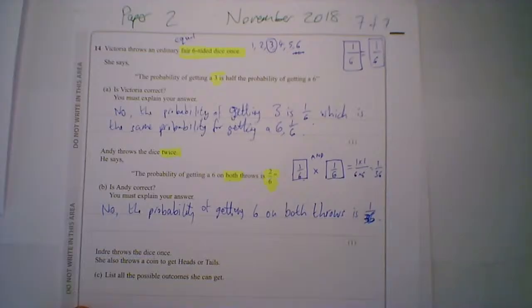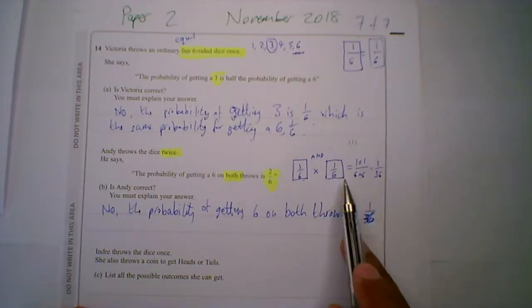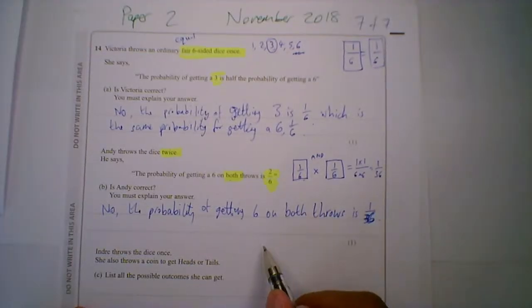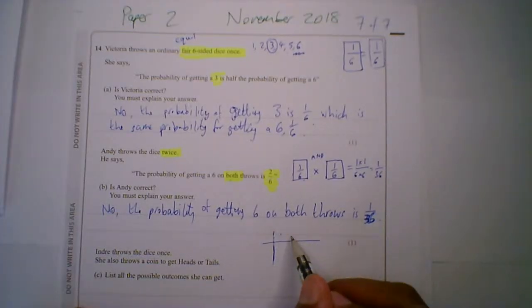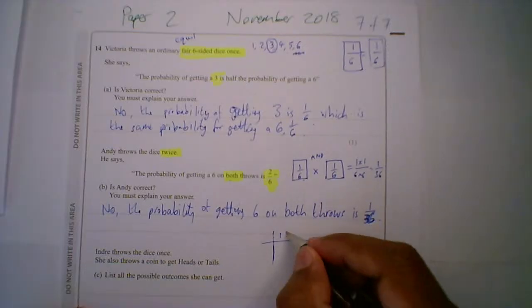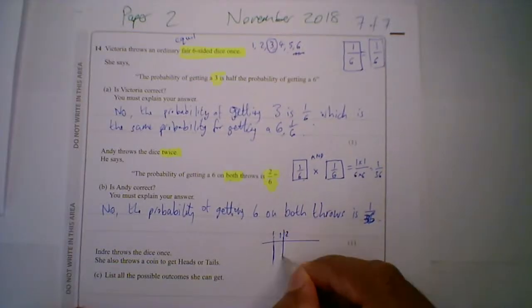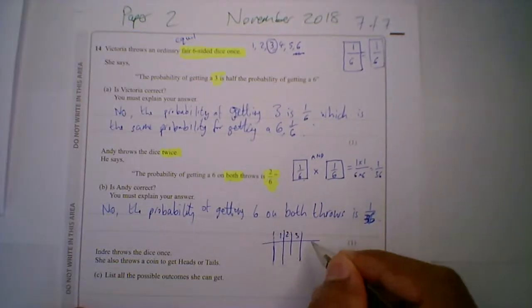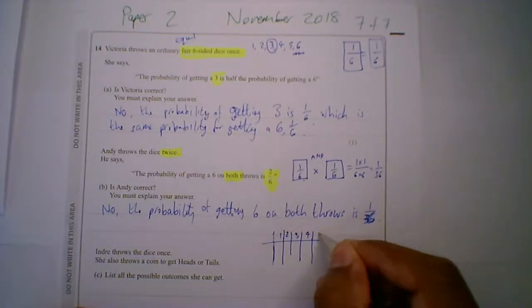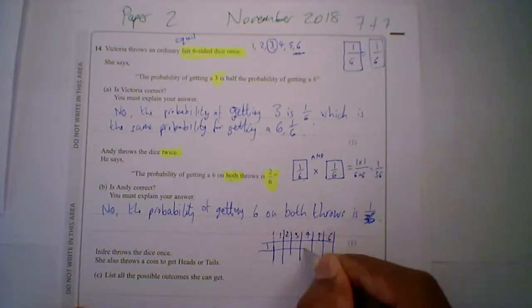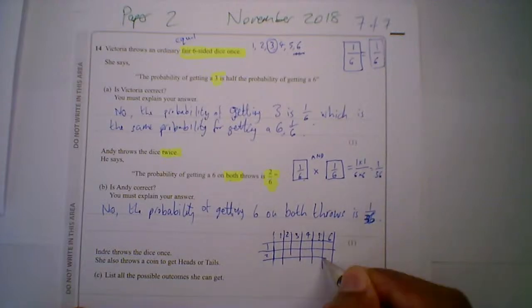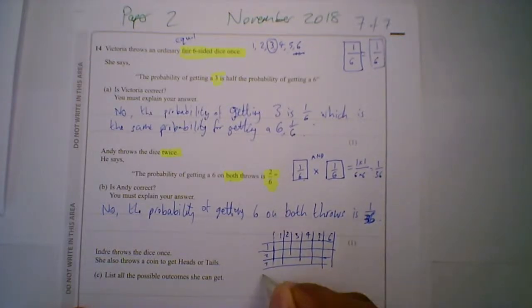Okay. Now there is also another way of working it out, which is using the sample space. If you think of the throws, you can have 1, 2, 3, 4, 5, and 6. And then on the other side, you have the same 1, 2, 3, 4, 5, and 6.